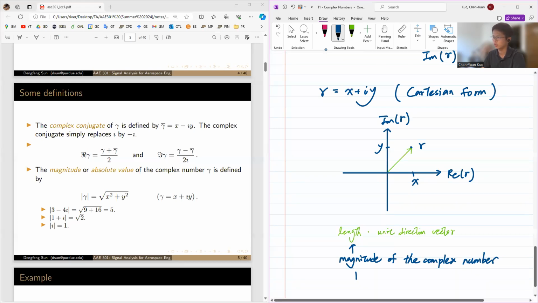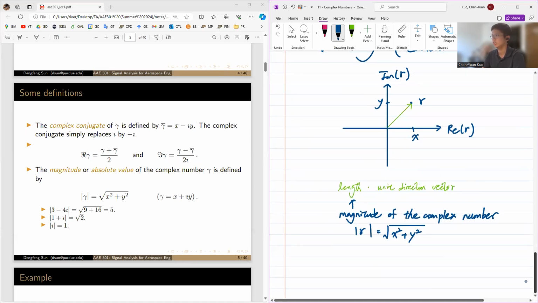It's usually denoted by the absolute value of gamma, and it can be computed by looking at the square root of the sum of the square of the real part and the imaginary part. And the other thing that we need is the unit directional vector.